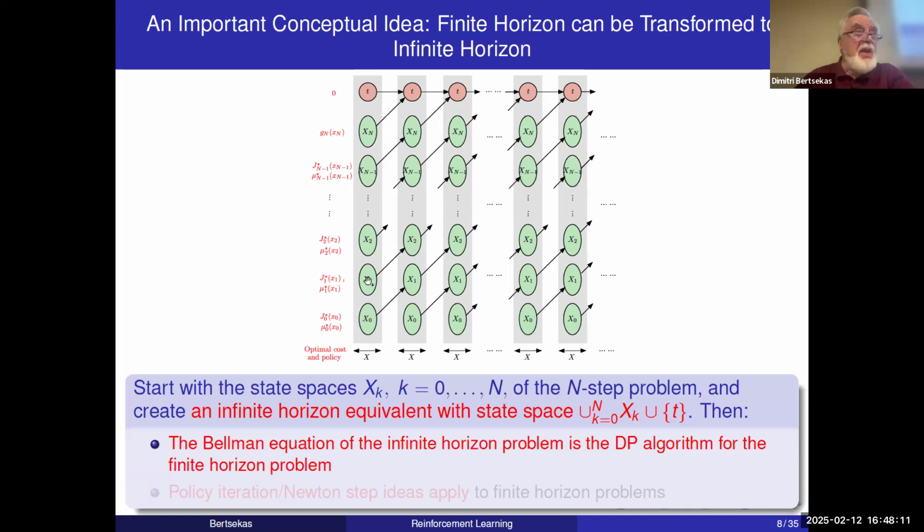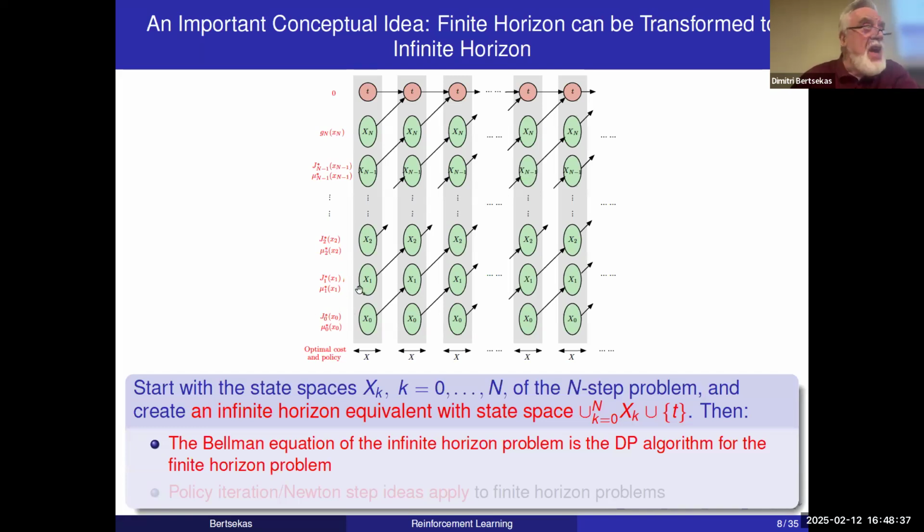Let's start from here, from states in x1. Then we go from x1 to x2 and so on, and after n-1 steps, we end up in the termination state. So if you focus attention on these transitions that start at x1, what do you have? And what's the optimal cost of this transition process?